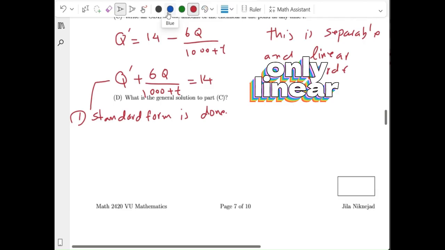Now through the standard form, let's rewrite the standard form. Our dependent variable is Q. So what multiplies Q here is going to be P of T, and the other one is G of T.